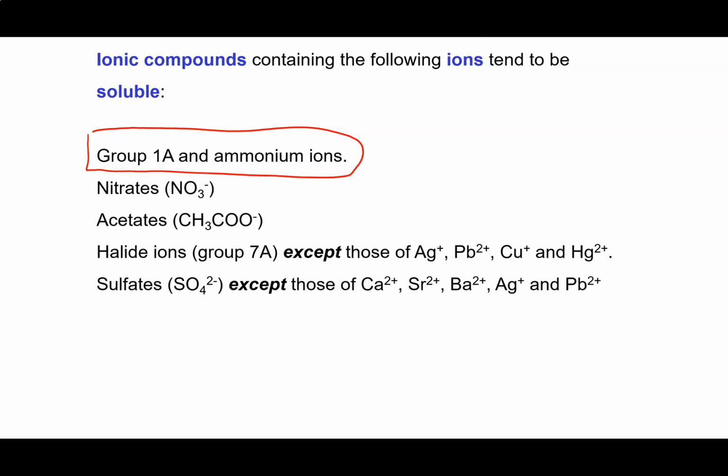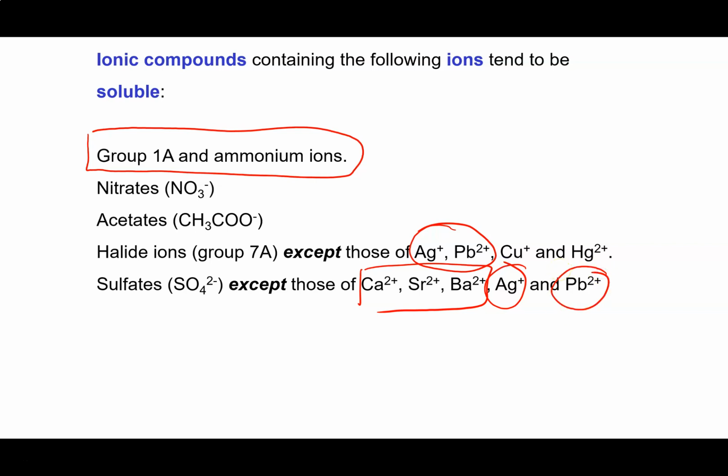Ionic compounds that contain the halide ions, these are ions of the group 7 elements, except those of silver, lead 2+, copper 1+, and mercury 2+, tend to be soluble. You'll see silver and lead cropping up as exceptions all the time. Sulfates tend to be soluble except for the larger members of group 2A, calcium, strontium, and barium, and then again our magic pair there, silver and lead.